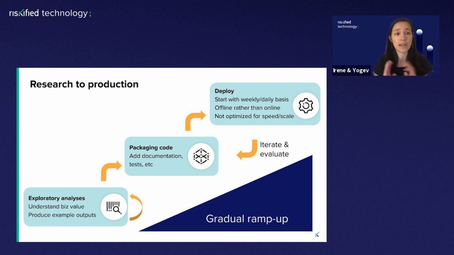That's a question we can handle later in the process, and this is where we work with our developers. They're able to think about those aspects of the process. Because we went through this gradual ramp up, we were able to stick with our R code through a lot of it and just add on different layers on top of it.